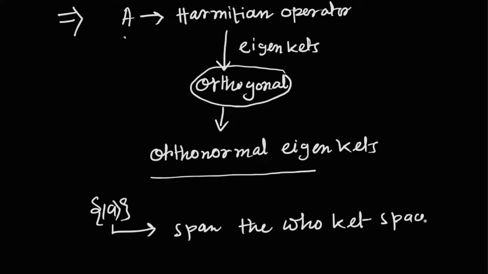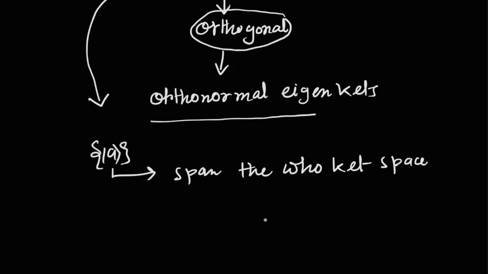That means if |alpha> are the eigenkets of the Hermitian operator A, then we can span the whole space in terms of the eigenkets.